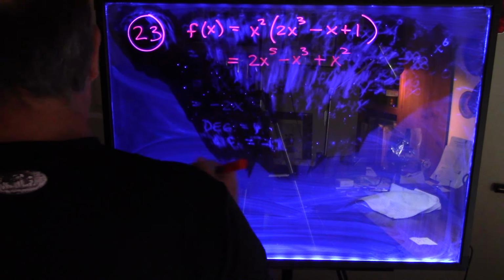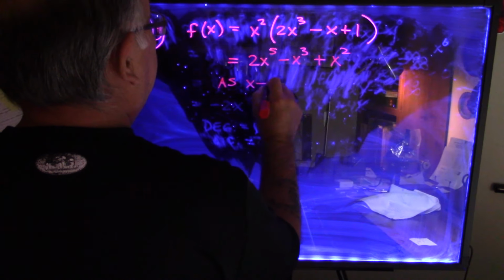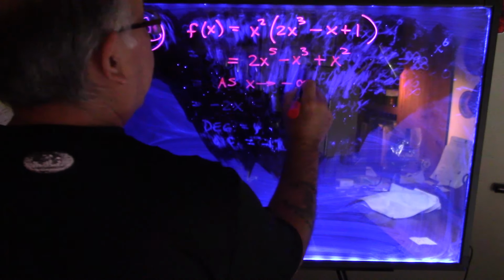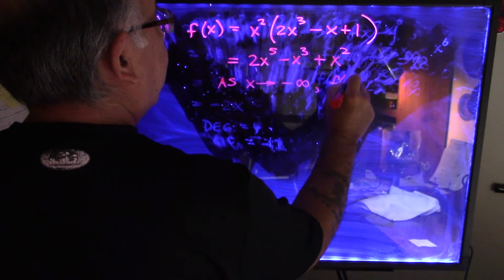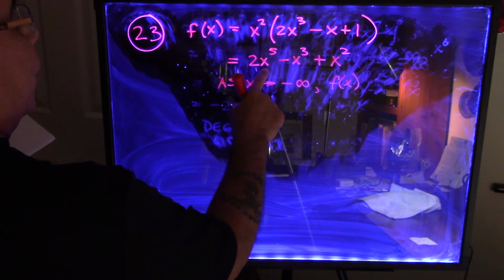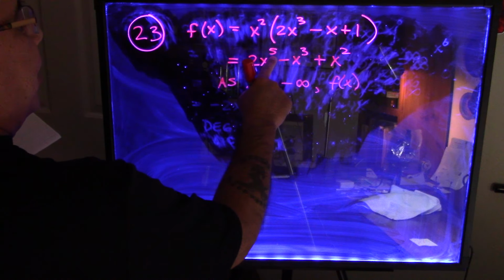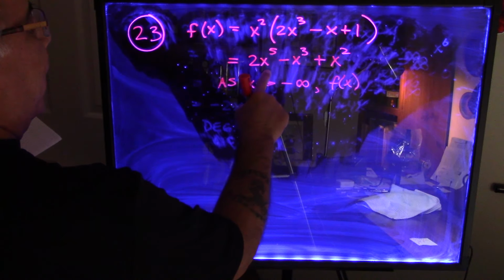So as x goes to negative infinity, f of x, well, this is an odd power, so whenever you plug in a negative number for x, it's still going to be negative when you raise it to the fifth power, an odd power.